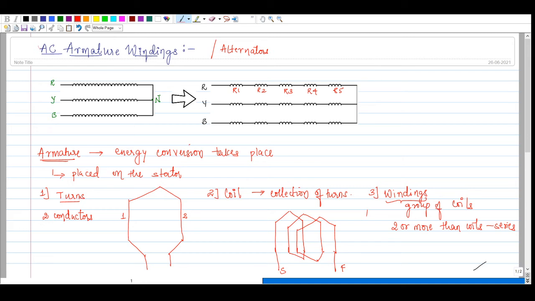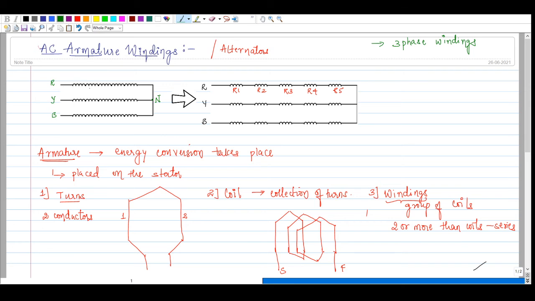Now coming to alternators. An alternator consists of three-phase windings. So here we have R phase, Y phase and B phase winding.